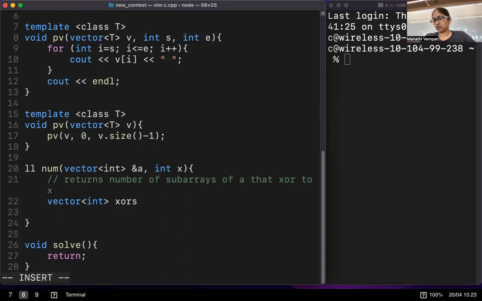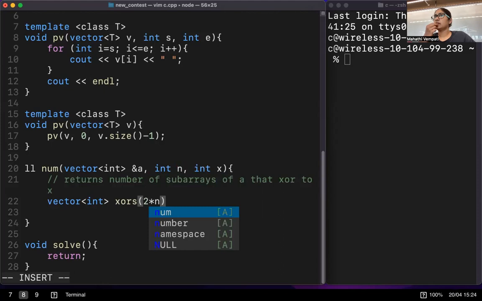Should be int XORs, and how many guys do we want here? N minus 1 should be actually fine.